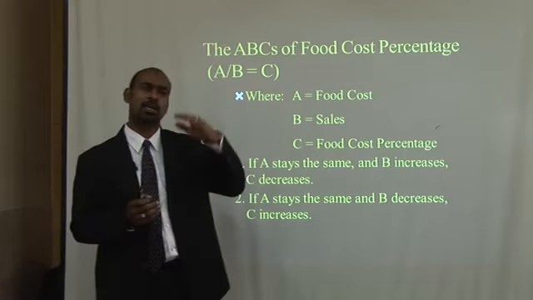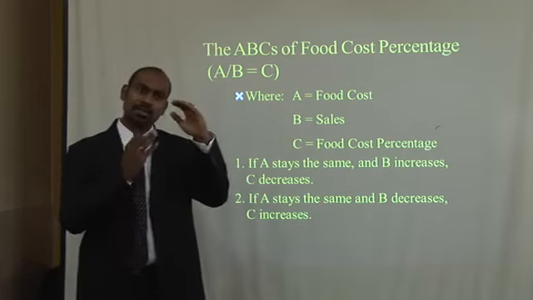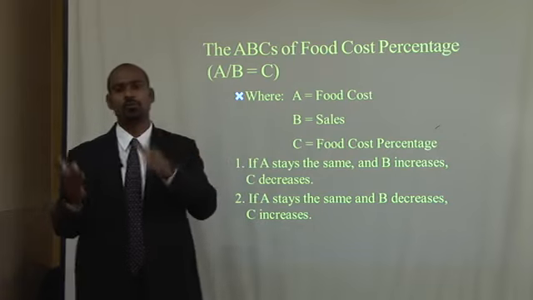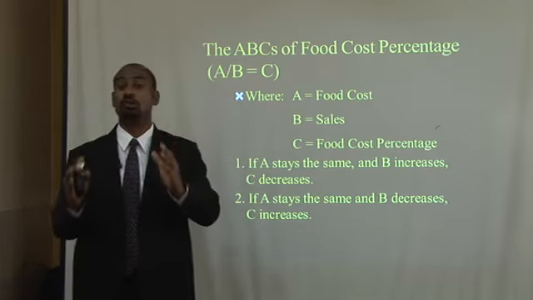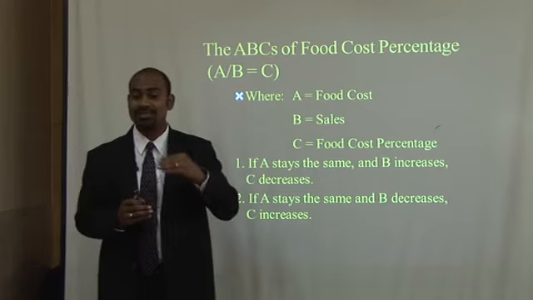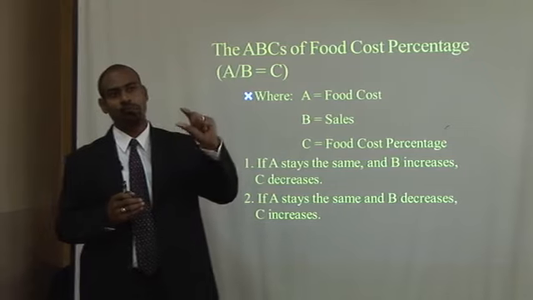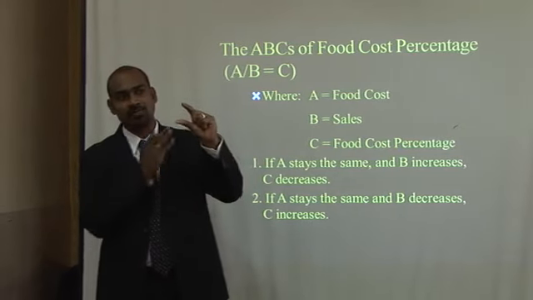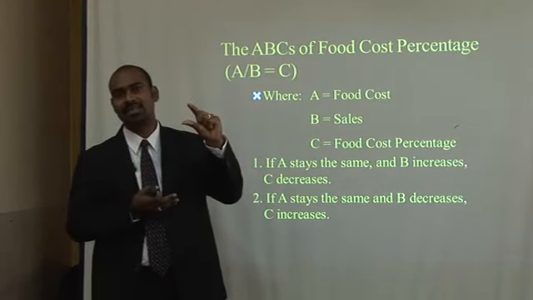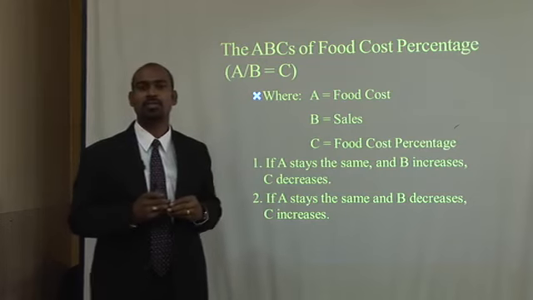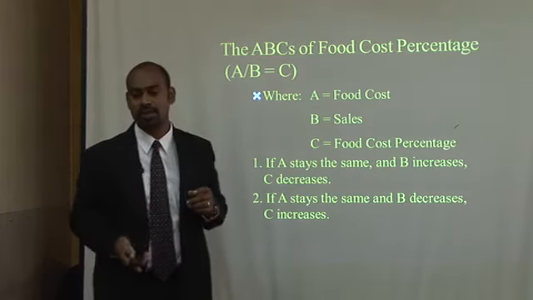What I want to say is, food cost is the same and sales are increasing, obviously your food cost percentage will decrease, which is good for the industry. If A stays the same and B decreases, C increases. I mean to say your food cost value is the same and the sales are decreasing, then your food cost percentage will increase, which is not good for the industry.